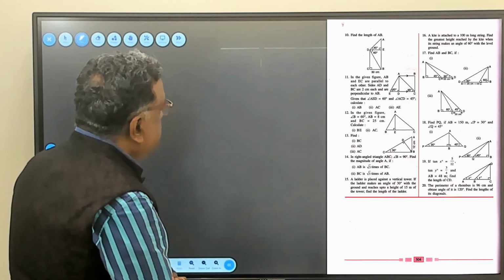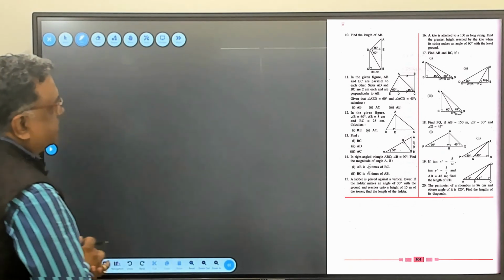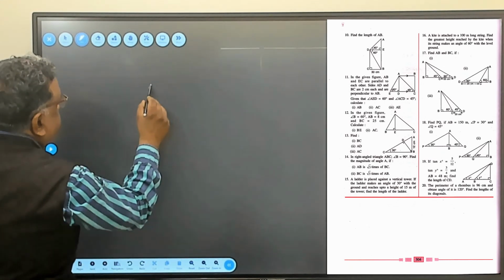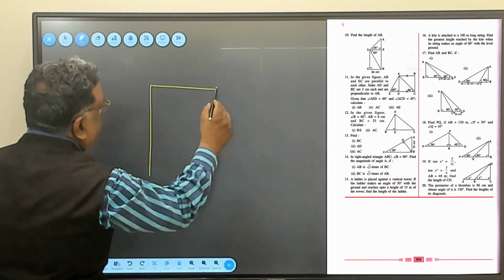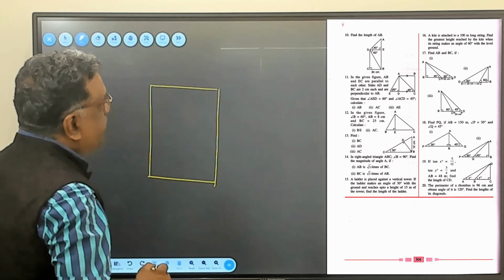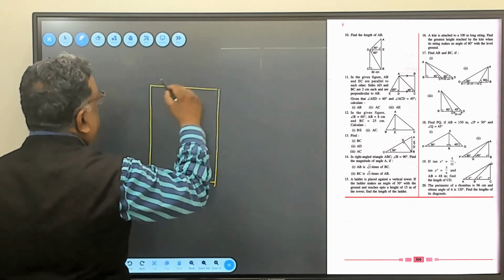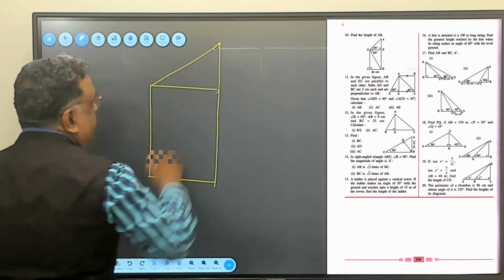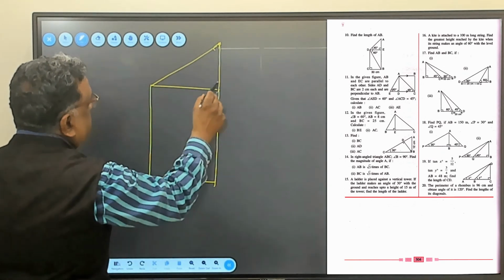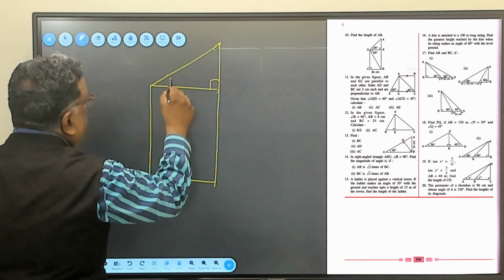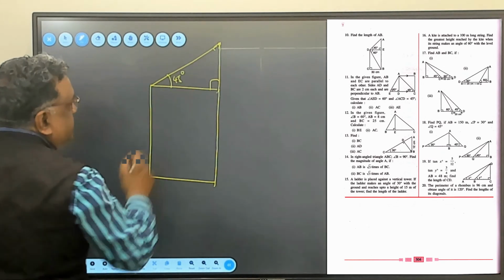Find the length of AB, the 10th sum. So there is a diagram which is given to us, which is something like this. This is 90. This is 45 degrees.